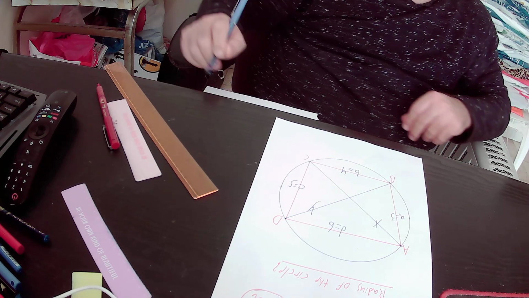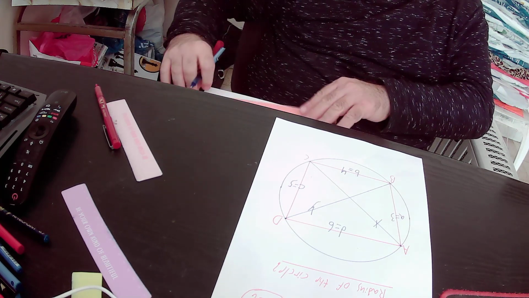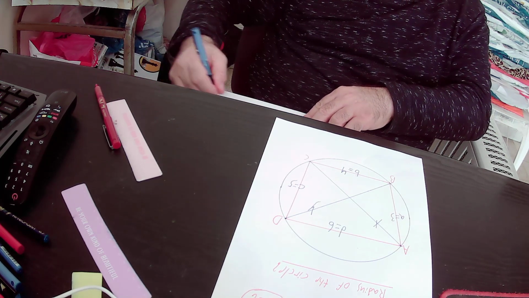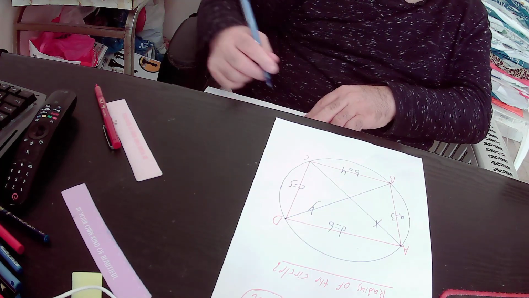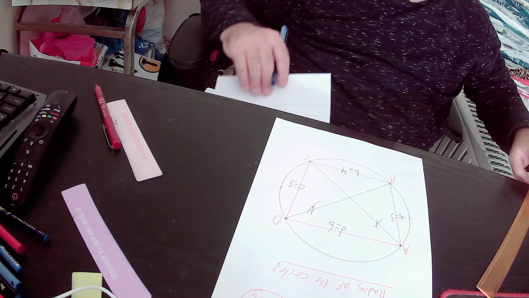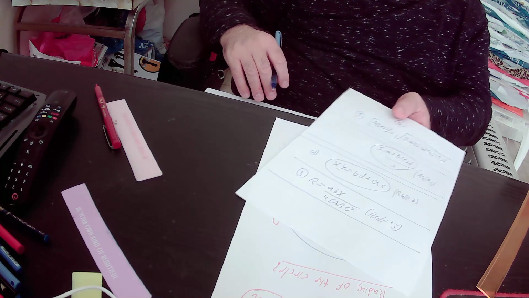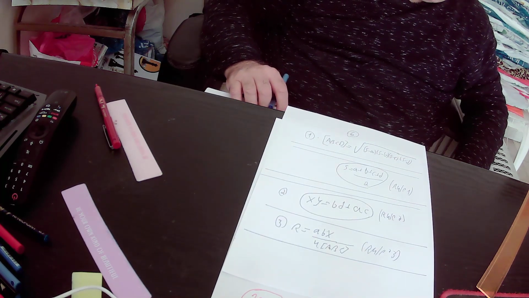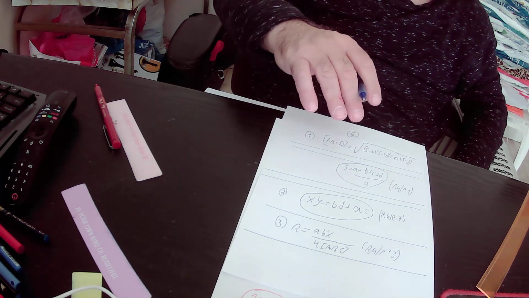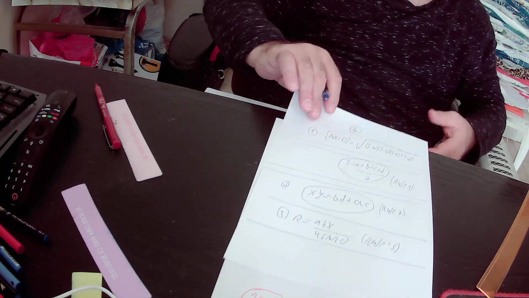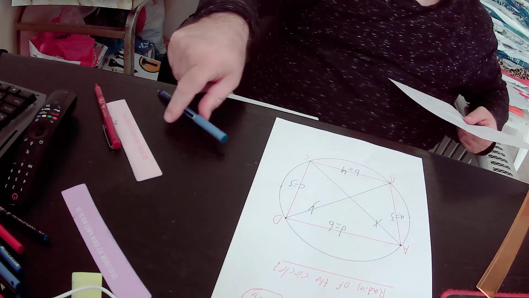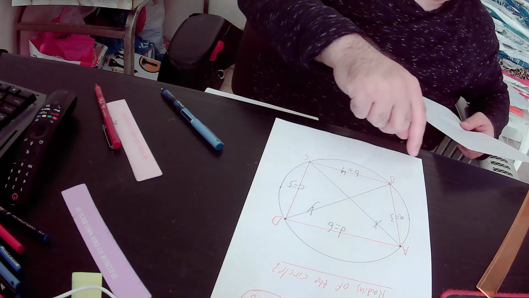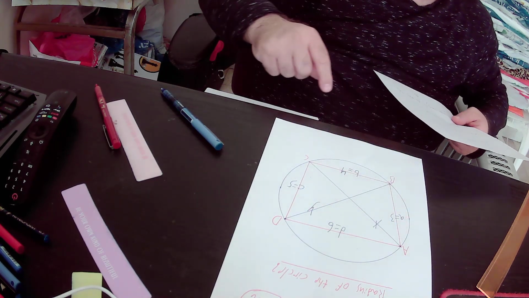So I will repeat again. According to rule number 3, if we have a triangle, in our example, triangle ABC, this triangle is inscribed by this blue circle.